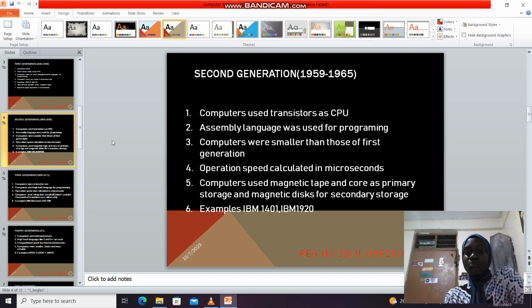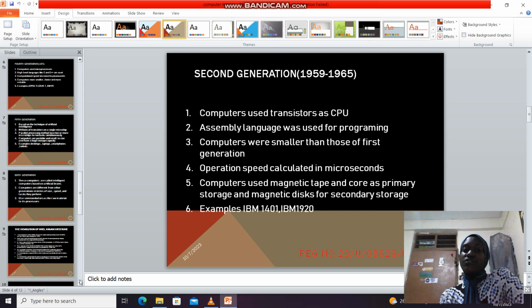The operation speed was now calculated in microseconds. That is to say, they were a bit faster than those of the first generation. Computers used magnetic tape and core as primary storage and magnetic disks for secondary storage. Examples of these computers were the IBM 1401 and the IBM 1920.